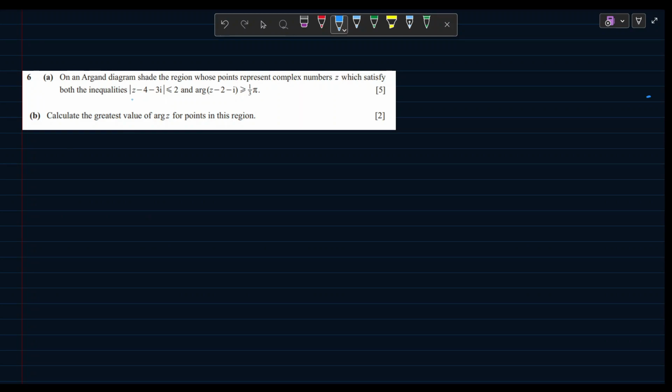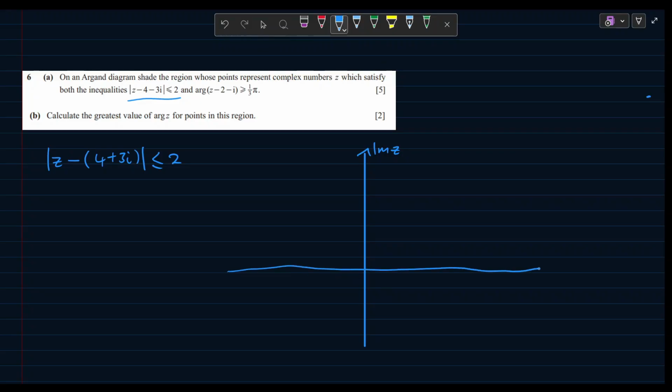Alright, so let's start with the first inequality here. We want to factor out a negative sign, so this becomes z minus negative 4 divided by negative 1 gives us a positive 4, and then that becomes positive 3i, and this is less than or equal to 2. So let's draw a complex plane. This is our imaginary axis and this is our real axis.